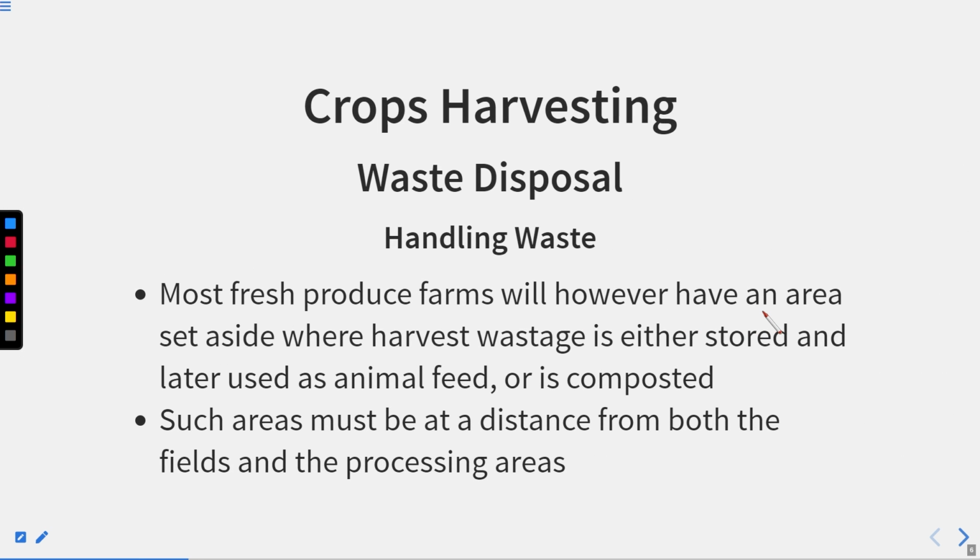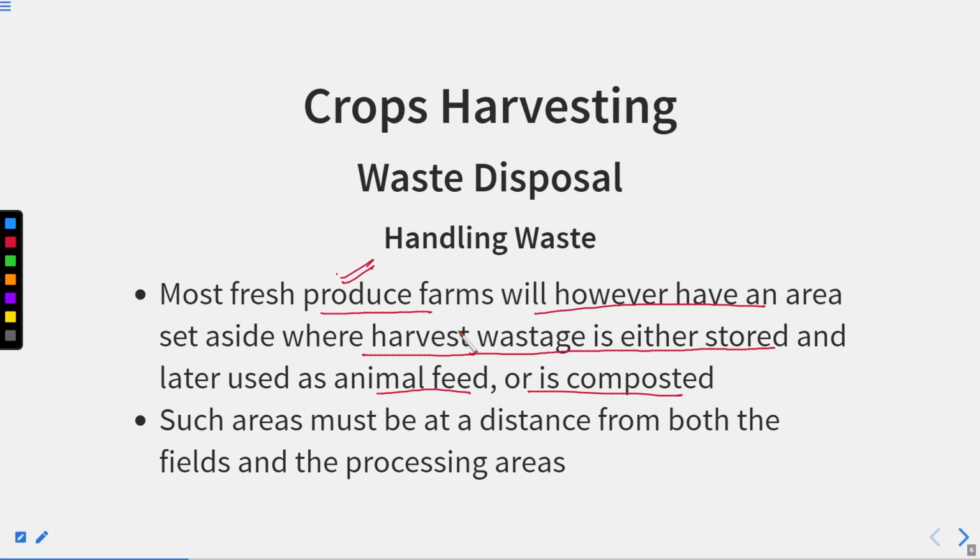Most fresh produce farms will have an area set aside where the harvest waste is either stored and later used as animal feed, or composted.